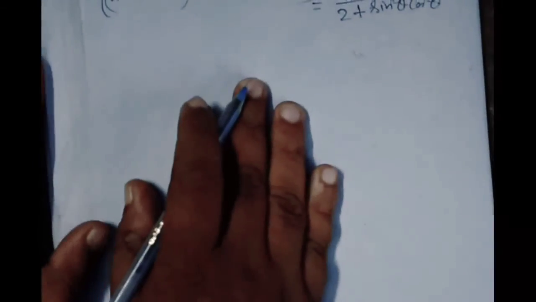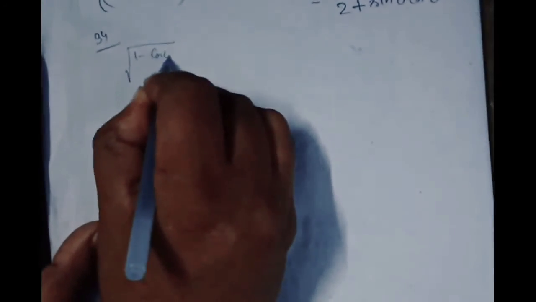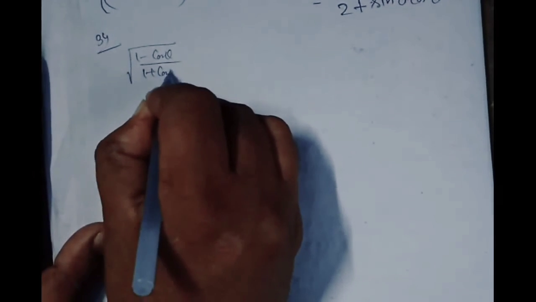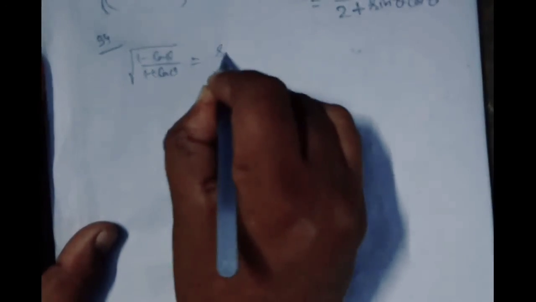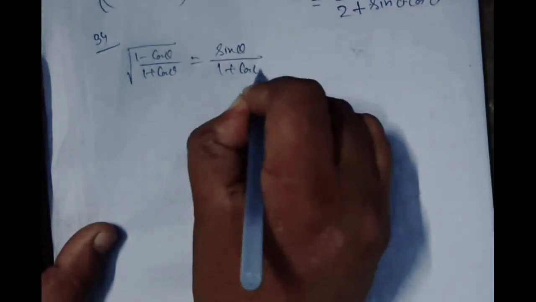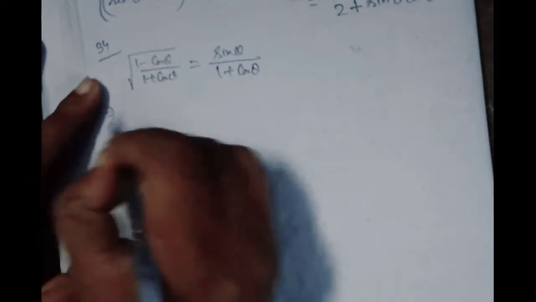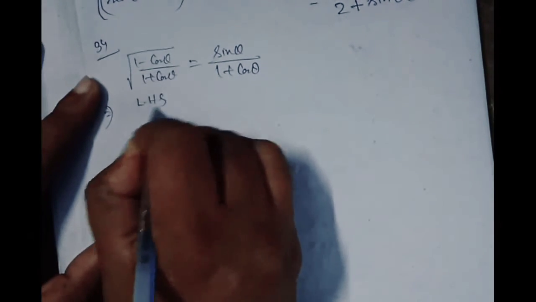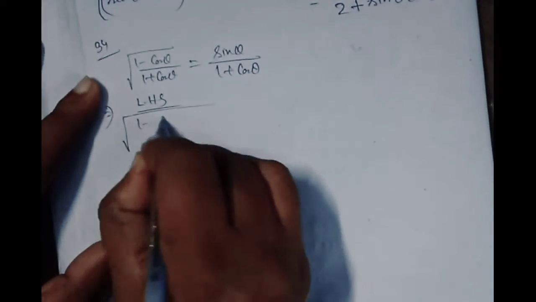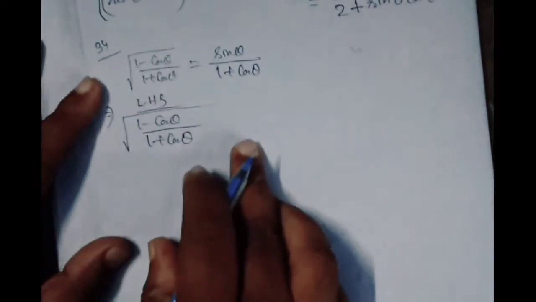Next, move to another question, question number 34. We have to show that root over of 1 minus cos theta by 1 plus cos theta equals sin theta by 1 plus cos theta. For that, first we take the LHS, root over of 1 minus cos theta by 1 plus cos theta.